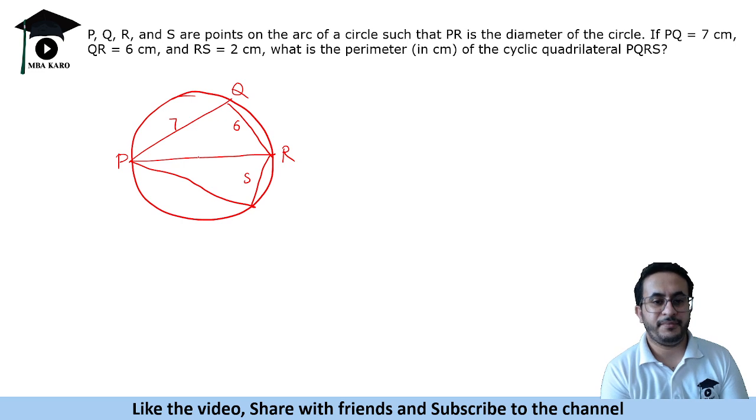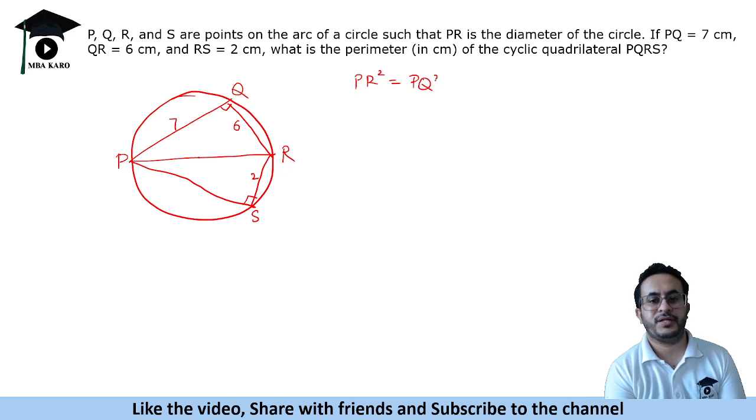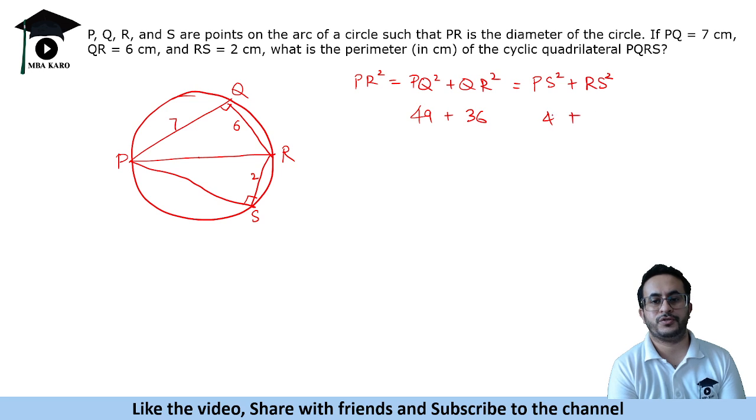Now PR is the diameter, so PR square will be PQ square plus QR square, and also it will be equal to RS square plus PS square, right? So PQ square is 49, QR square is 36, RS square is 4, and we need to find PS.